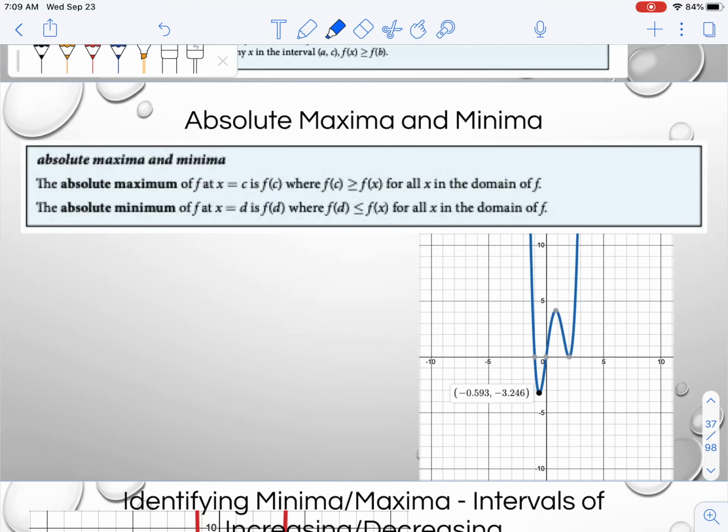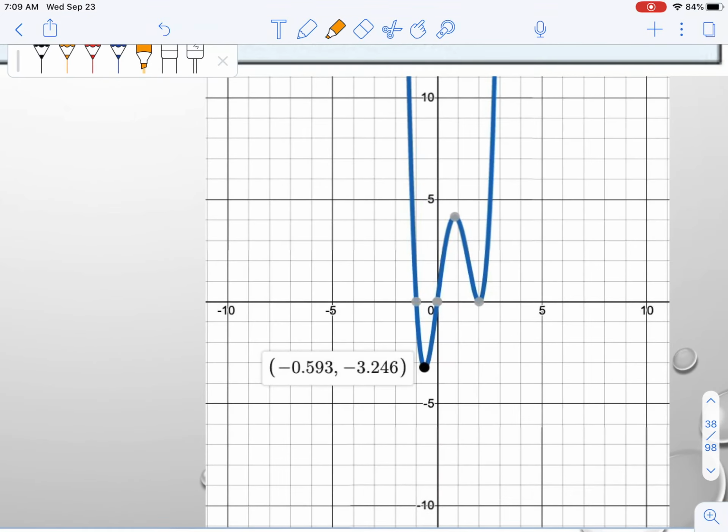So we take a look at the graph that I have over here. So let me start with the local max. So here, at the point that's, roughly, let's say, 0.75 and 4.25, we have a local maximum.